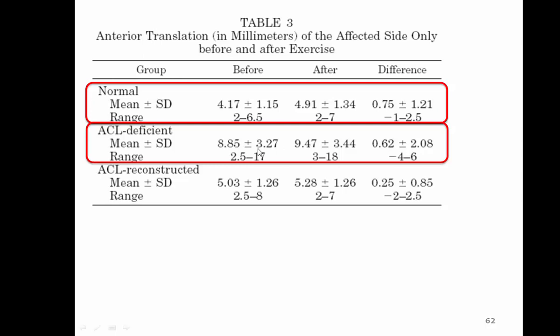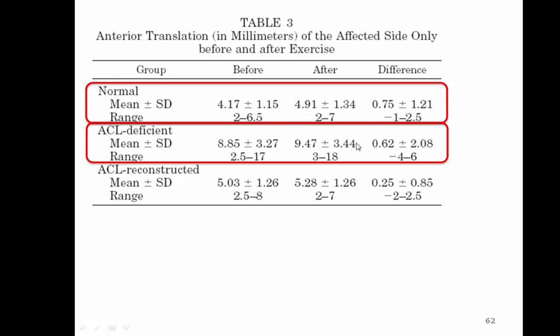And as a function of exercise, we see slightly less of a pre- and post-exercise increase in anterior translation movement. It did increase slightly less than it occurred in the healthy group.